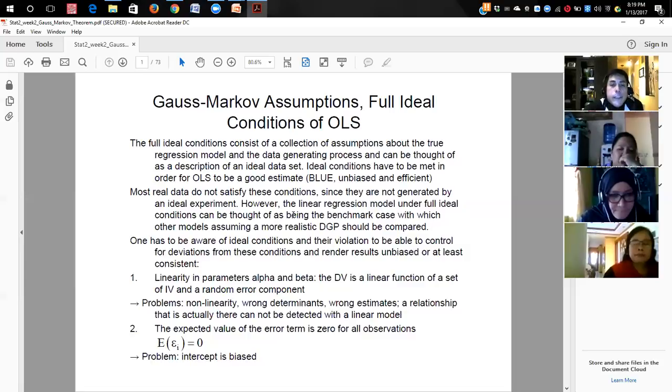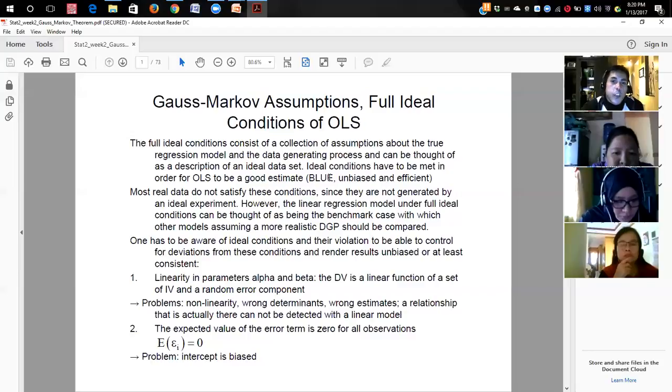However, we know that in reality, not all of these conditions will be met in an experiment. So what are the different things that we can do to maximize the functions of the OLS? Remember, from the word, it's an estimator. It tries to correct as much as possible whatever error there is.